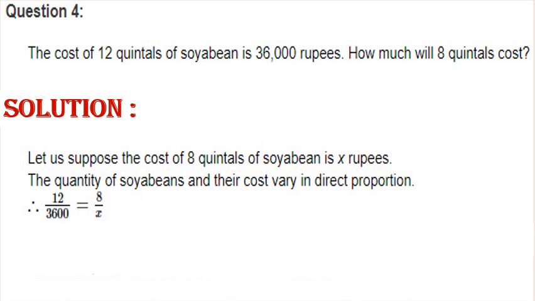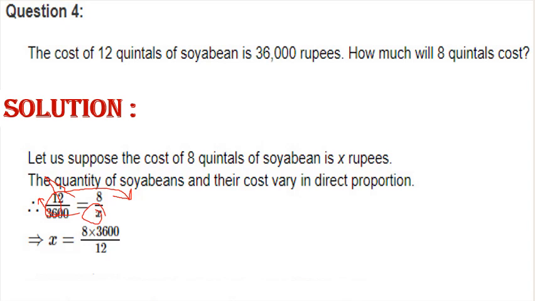Now, as we have to find the value of x, x will come in LHS and 12 upon 36,000 gets reciprocated onto the other side. Therefore, x is equal to 8 into 36,000 divided by 12.